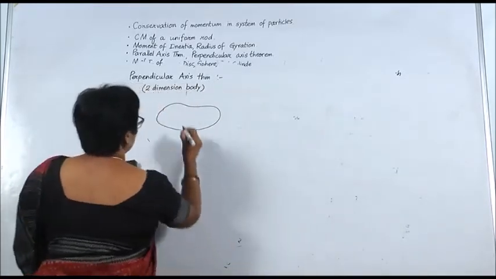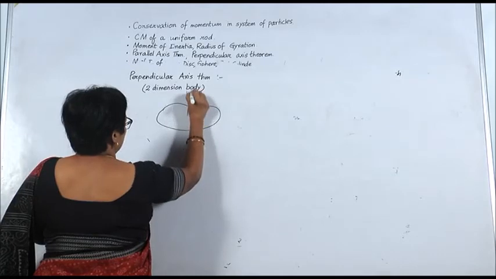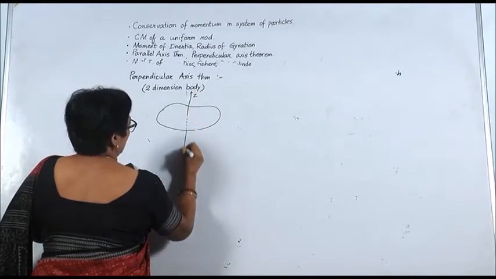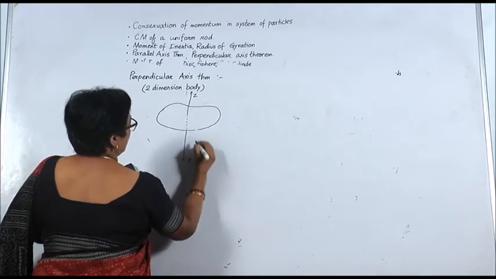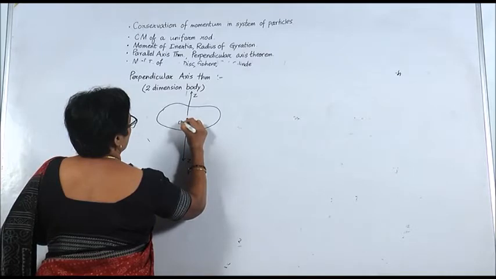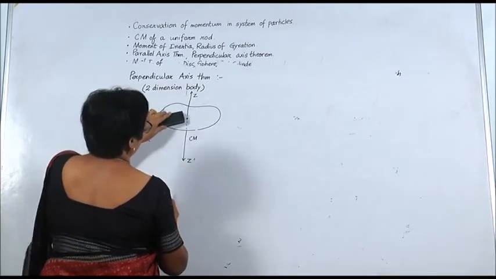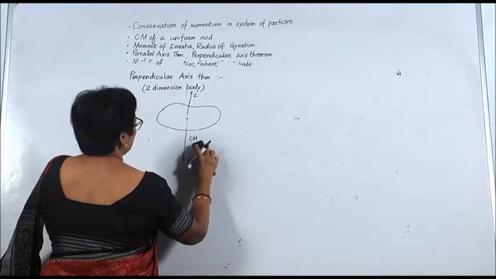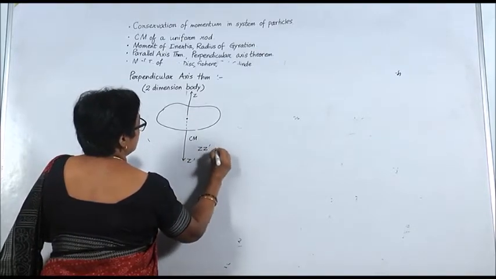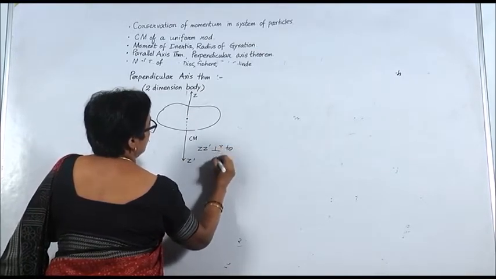Let me describe it first. This is an axis z z dash, the axis passing through the center of mass. This is my center of mass, and z z dash is perpendicular to the plane of the lamina.